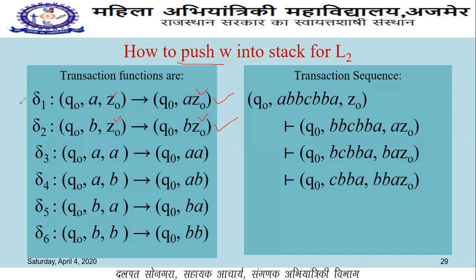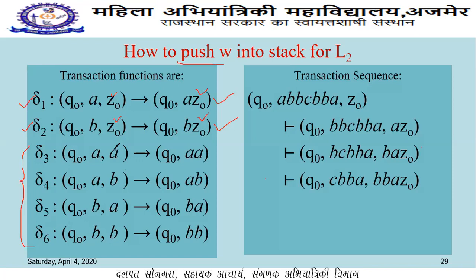Therefore, we write these two transitions. This is the situation initially. After either A is inserted into the stack or B is inserted into the stack, we have four combinations like this.